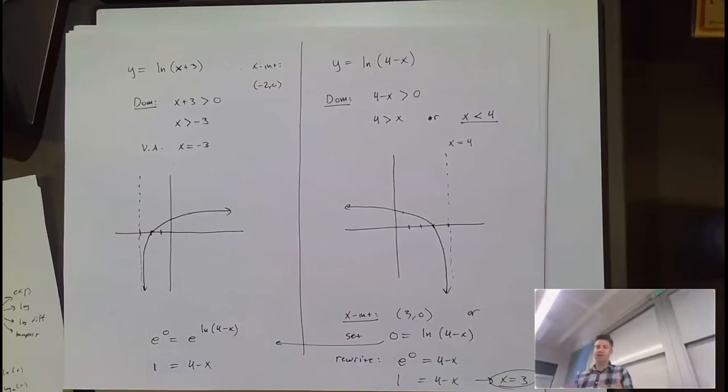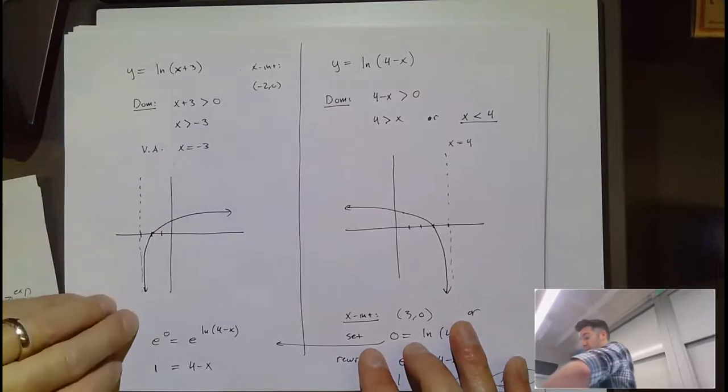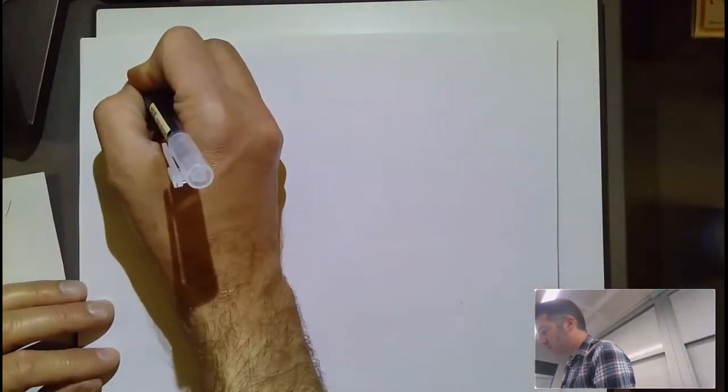Alternatively, and it's really kind of the same thing, the other way to think about it is to say, in fact, let me use a new piece of paper here.